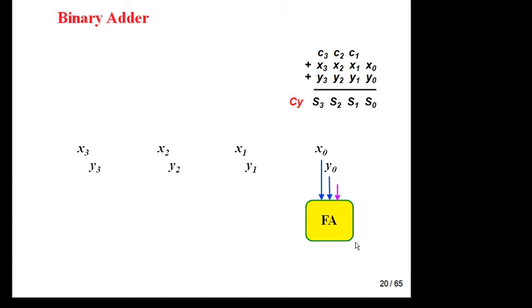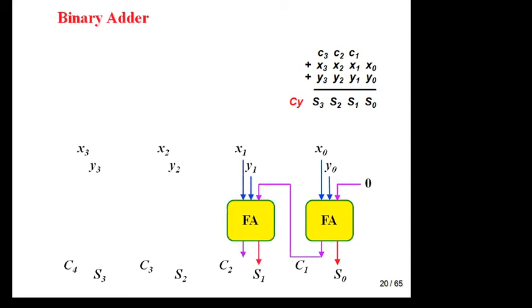Yes, you can use this full adder. And initially there is no carry generated, so this will be 0, because in case of a full adder there are 3 inputs, so 0 plus x0 plus y0. Okay, then one carry is generated, and the sum is C1 and S0. Again one carry can generate, then add x1, y1 and C1, then the result is C2 and S1.